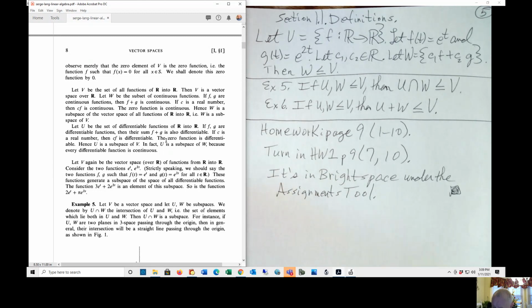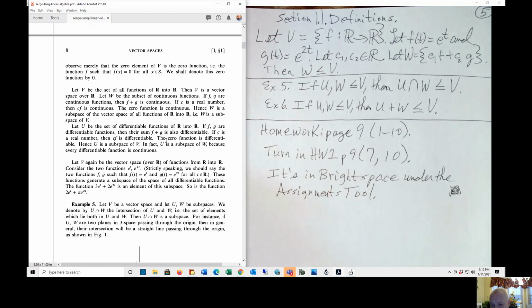And then let W be the set of all linear combinations of those two specific functions, e to the 2t and e to the t. That is c1 f plus c2 g. I would suggest that you prove this for yourself for practice, that W would indeed be a subspace of V. Do that for practice.